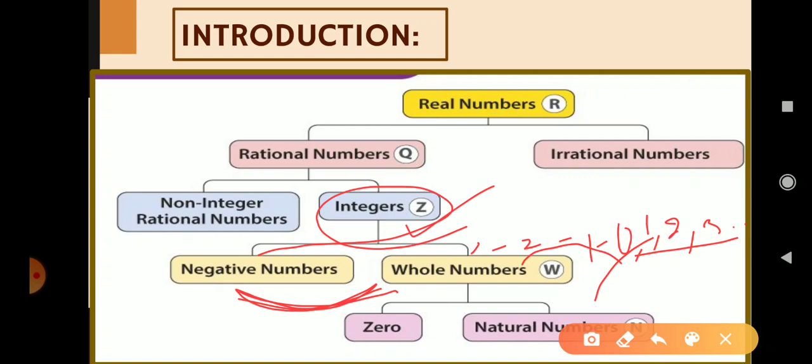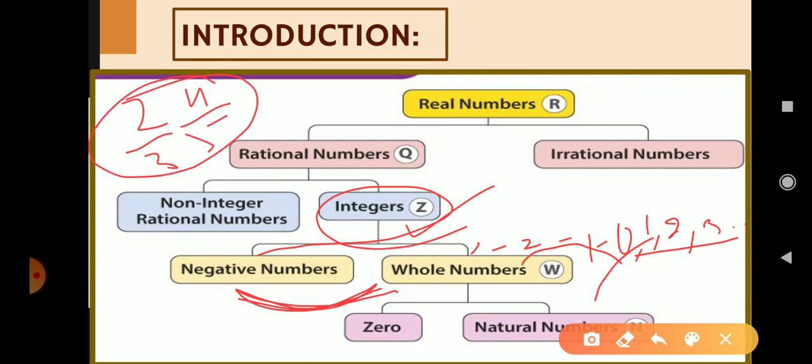Clear? Next, along with these integers, we consider rational numbers. From 9th standard, you are learning about rational numbers, how they are represented, how they can be identified on the number line, and so on. If along with integers we express numbers in terms of fractions, like 2 by 3 or 4 by 5, we call them fractions.